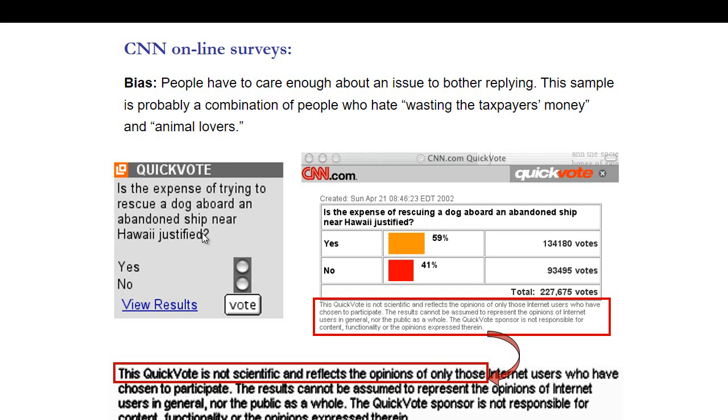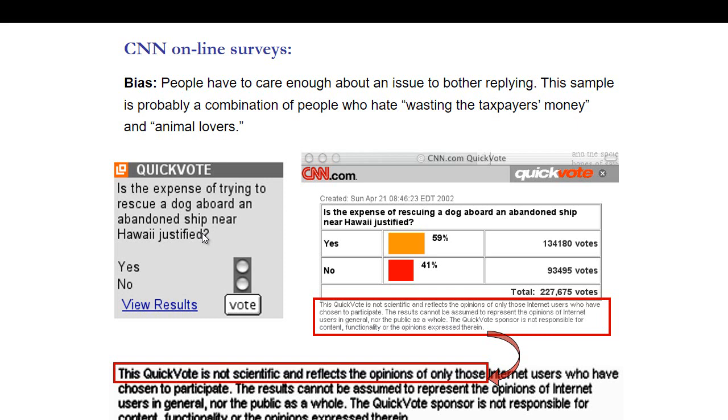So these quick votes are not scientific. They don't reflect the opinions of all the adults in the country. They only reflect opinions of the internet users who have chosen to participate.